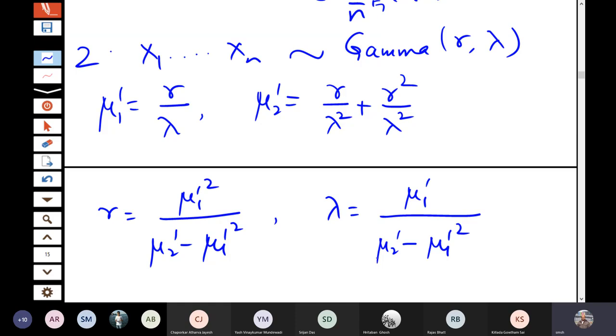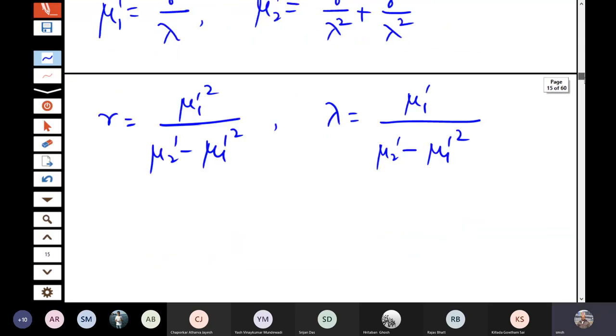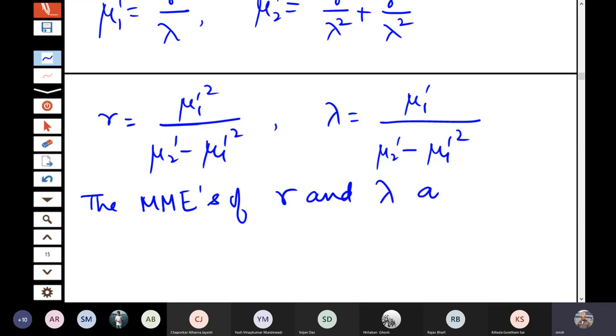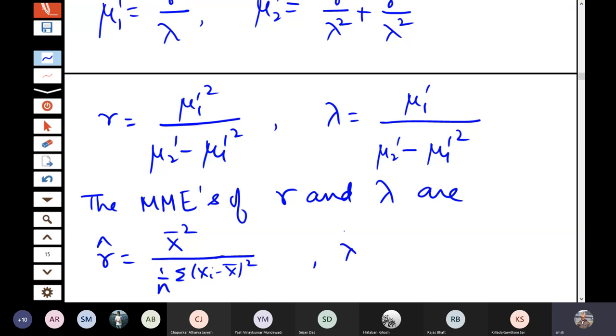So you substitute alpha 1 for mu1 prime and alpha 2 for mu2 prime. So you get the method of moments estimators of r and lambda. They are r hat is equal to x bar square divided by 1 by n sigma xi minus x bar square, and lambda hat is equal to x bar divided by 1 by n sigma xi minus x bar square.